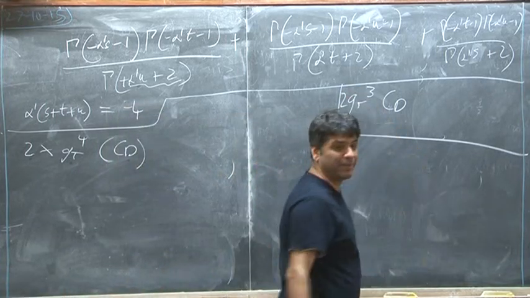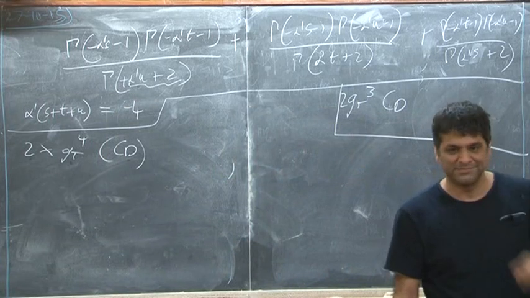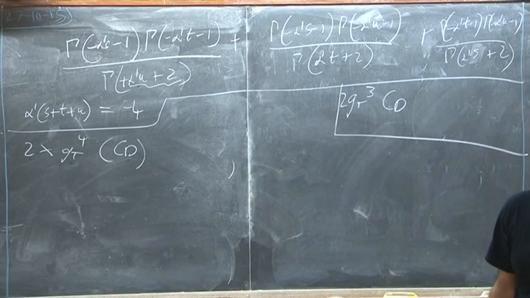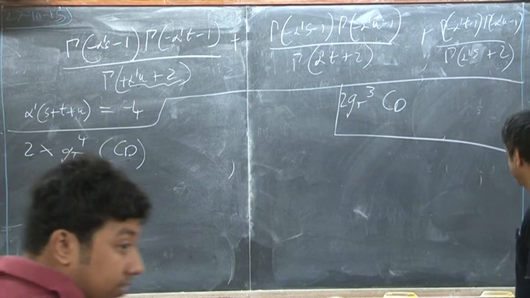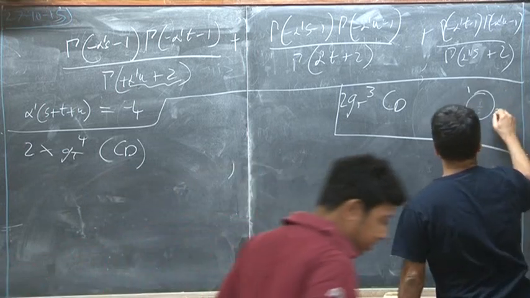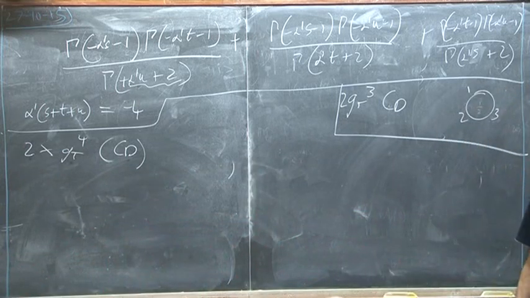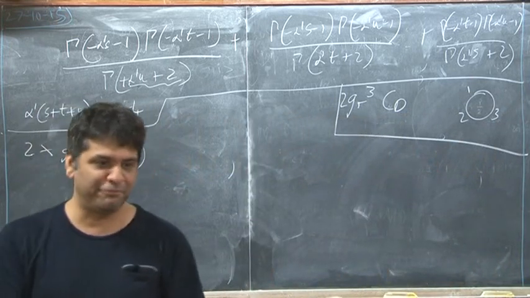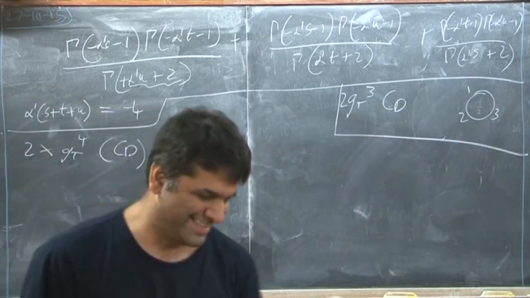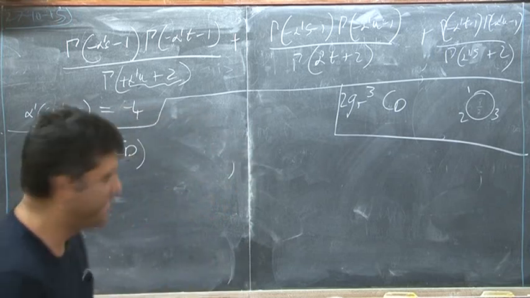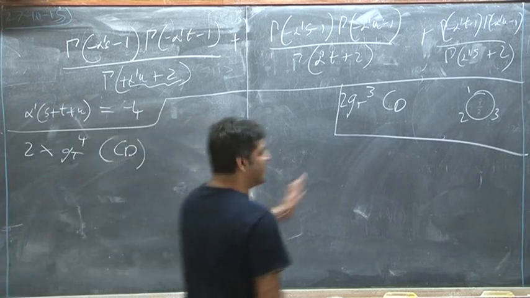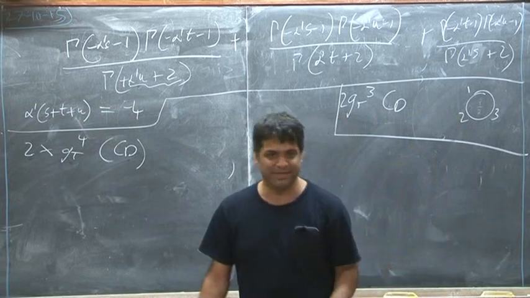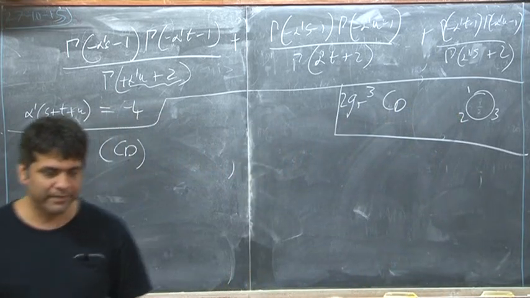Can somebody remind me why? There are 2 possible cyclic orderings, 1, 2, 3 or 1, 3, 2. Had we put in the Chan-Paton factors, this factor of 2 would become the 2 terms in the trace. At the moment we're ignoring the Chan-Paton factors, I'll put them in just a minute.